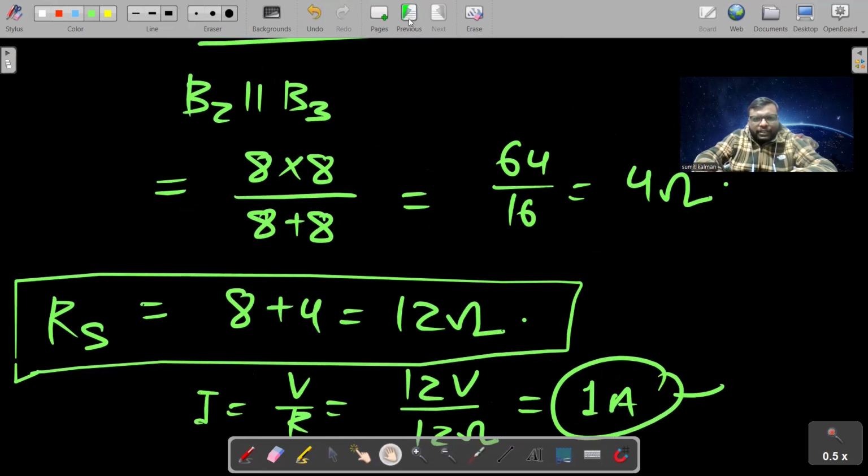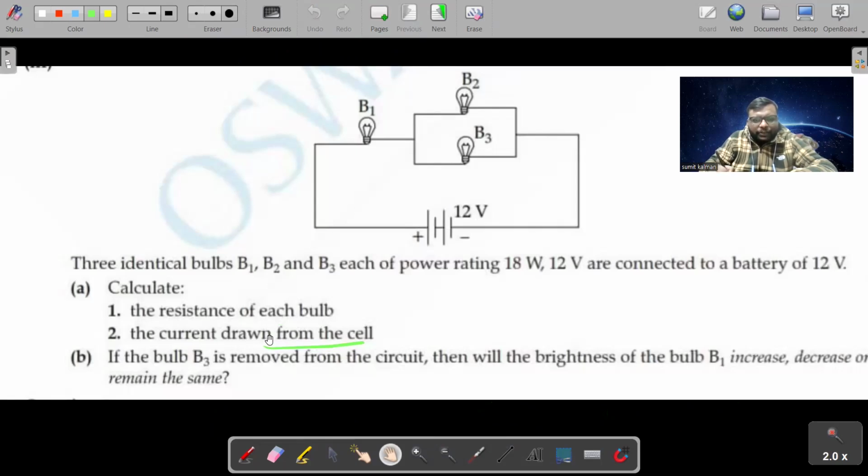So this was the second part. Current is 1 ampere. And students, in the last part, if the bulb B3 is removed from the circuit, will the brightness of bulb B1 increase, decrease, or remain the same?